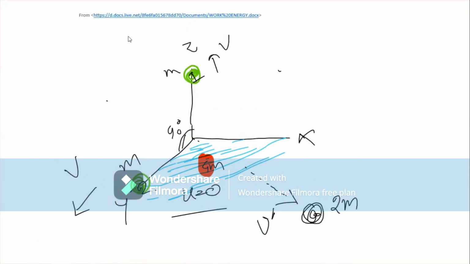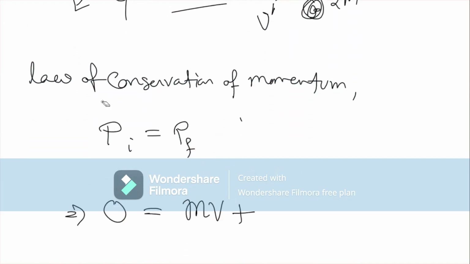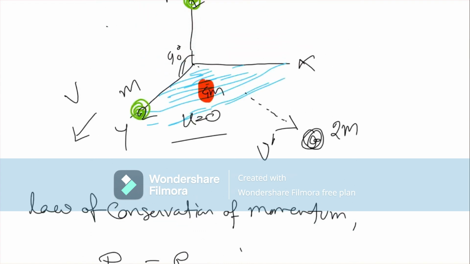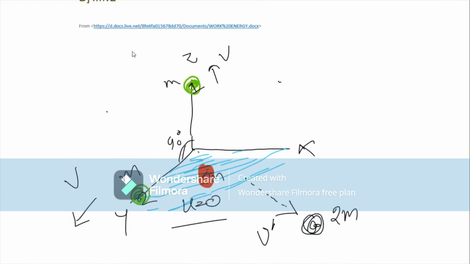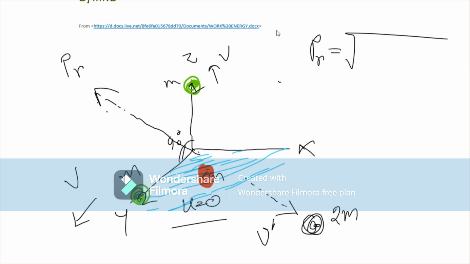Actually we can take their resultant. Okay, so हम लोग को सेपरेट लेने का ज़रूरत नहीं है, तो इन दोनों का अगर रिजल्टेंट हम लोग निकालें, so the resultant will be, as per the vector rule, the resultant momentum, that is PR, will be equal to root over mv square plus mv square.